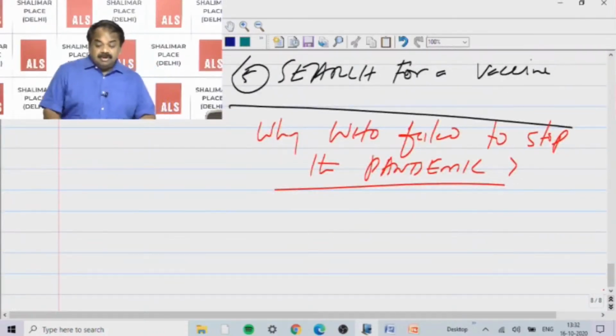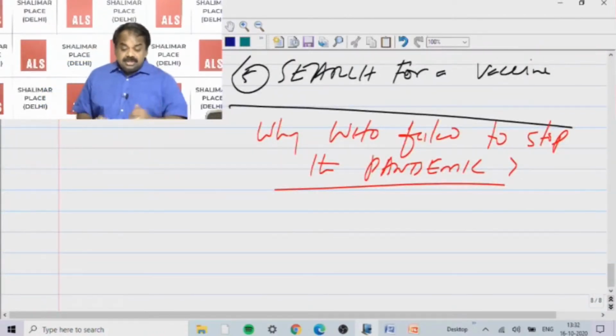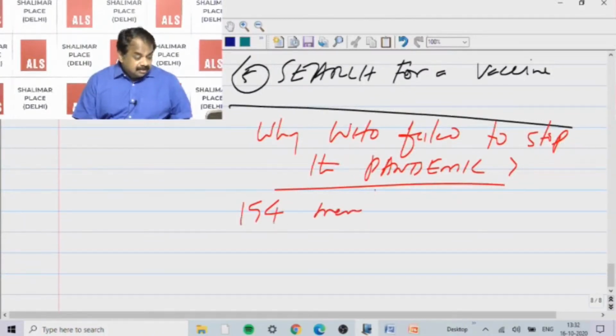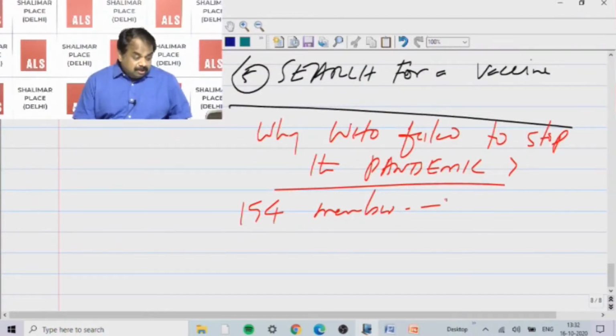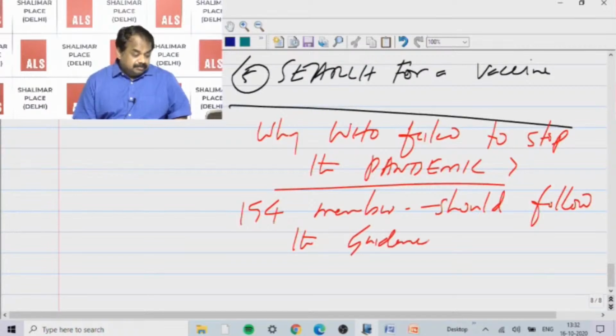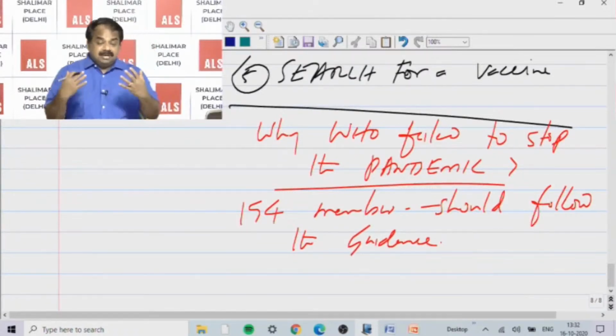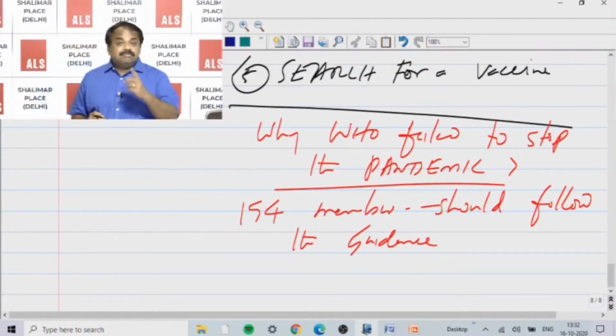See, first of all, WHO is desperately struggling to get all the 194 members to follow the guidelines and guidance. Because they cannot implement anything. The members should be accepting and following the guidance. That is the first thing.